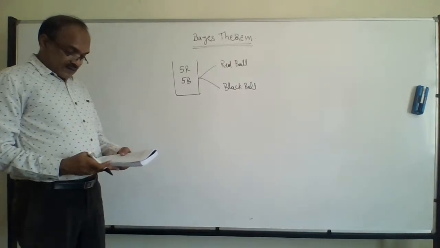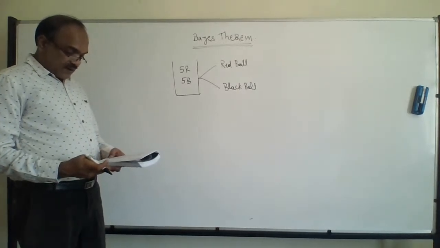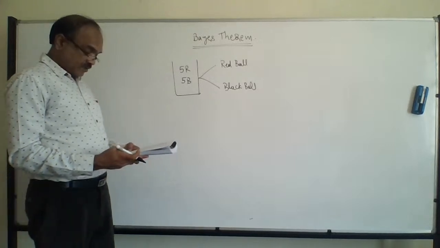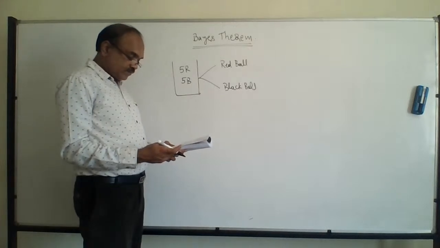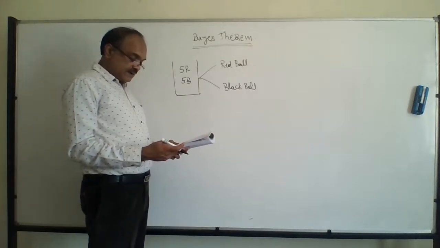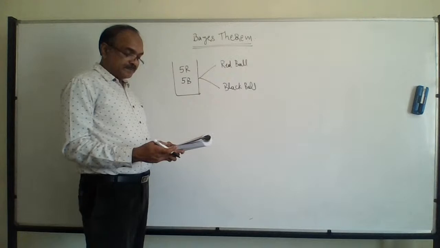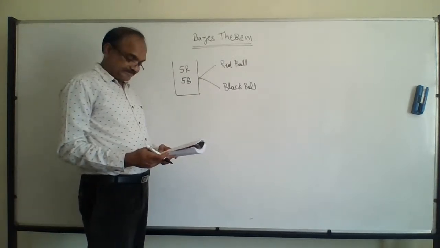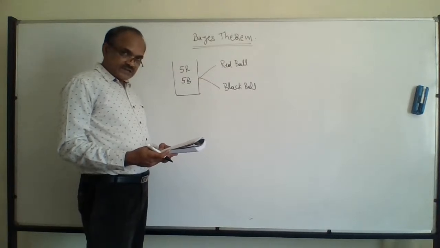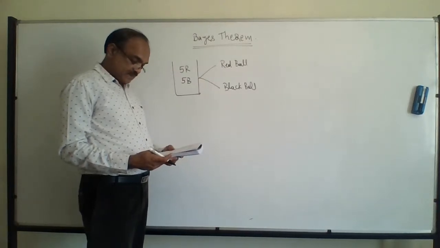A ball is drawn at random, its color is noted and is returned to the urn. Moreover, two additional balls of the color drawn are put in the urn and then a ball is drawn at random. Please look into your textbook, page number 555 or the soft copy which we have sent.